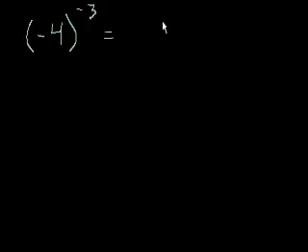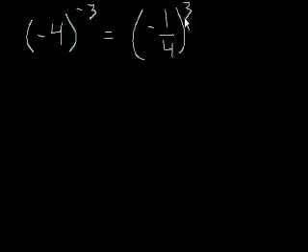And after I write down each of these problems, you might just want to pause it and see if you can do the problem yourself and then compare your answer to mine. So let's say I had negative 4 to the negative third power. Immediately I like to get rid of the negative in the exponent, and I know that that equals minus 1/4 to the third power.